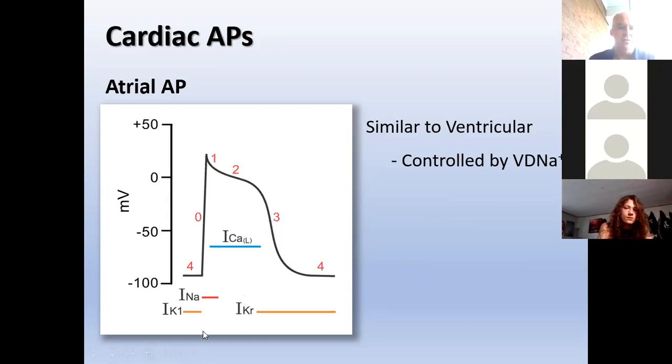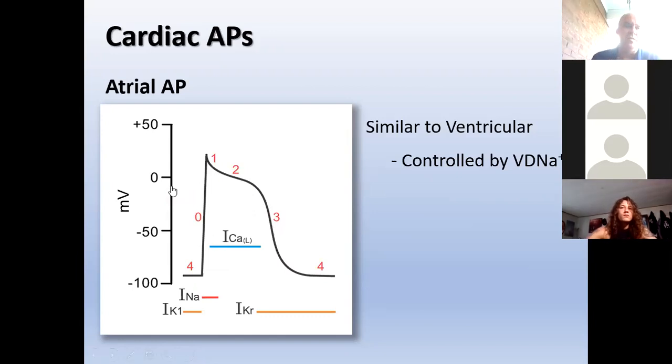So here we've got a little bit of potassium current that's setting your resting membrane potential. The sodium current opens up and boom, you depolarize. And when you depolarize like that, you open these voltage-dependent calcium channels. And then you get this plateau phase, and then the potassium current brings you back down. So that's what we were talking about before.